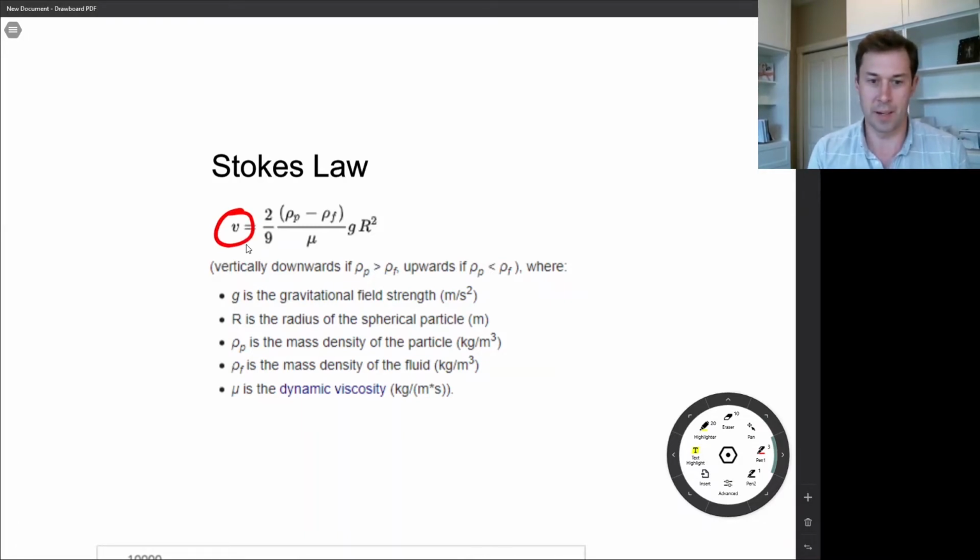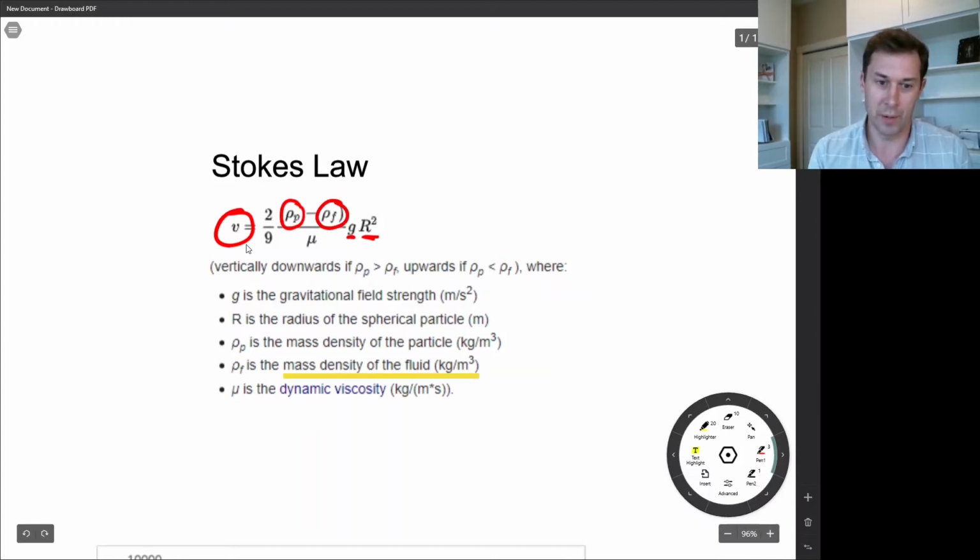The things that make this up are the gravitational force, the size of a particle, this is its radius squared, the density of the particle, and this is the important part when we're talking about the difference between water separation and air separation, for example. We've got the density of the fluid, and we've got the dynamic viscosity of the fluid.